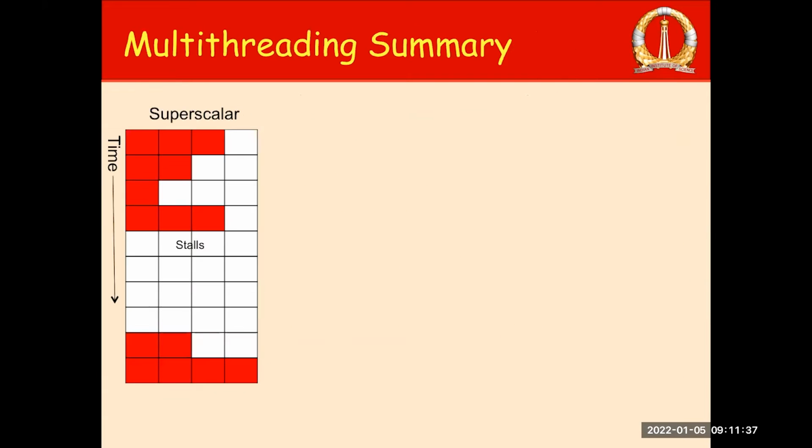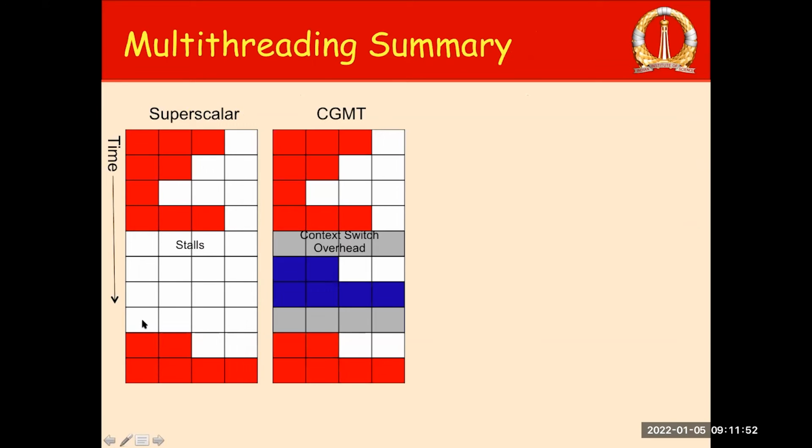Now, to summarize what we have seen so far: in the case of a superscalar processor, whenever there is a long latency instruction that stalls the processor, cycles are wasted. In coarse grain multi-threading, you could do a context switch and start executing instructions from a different thread.